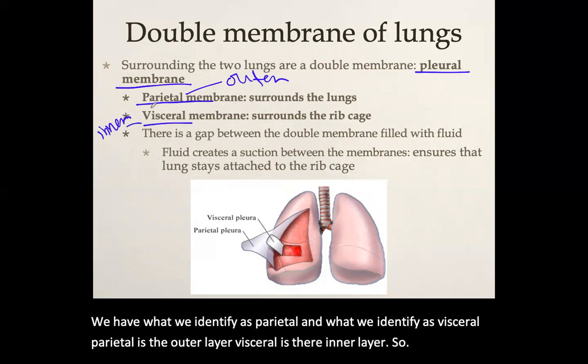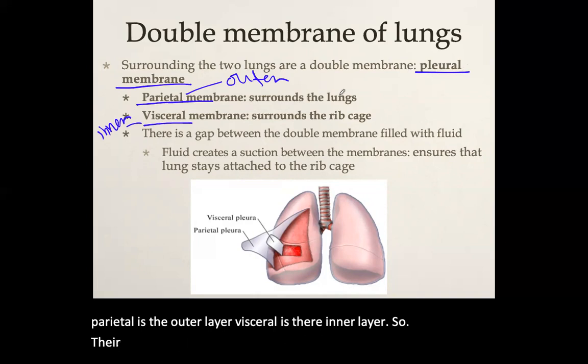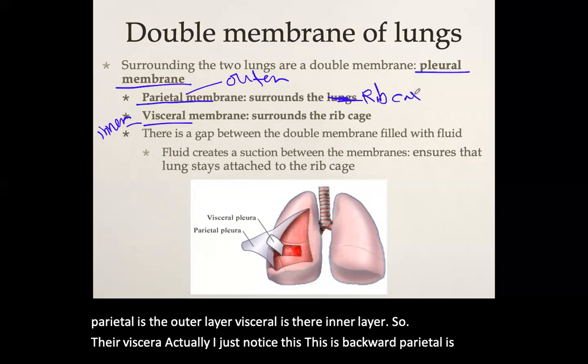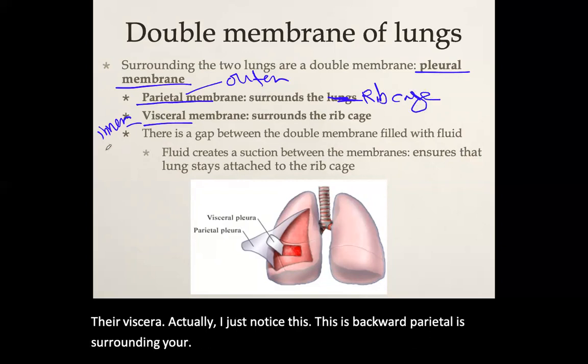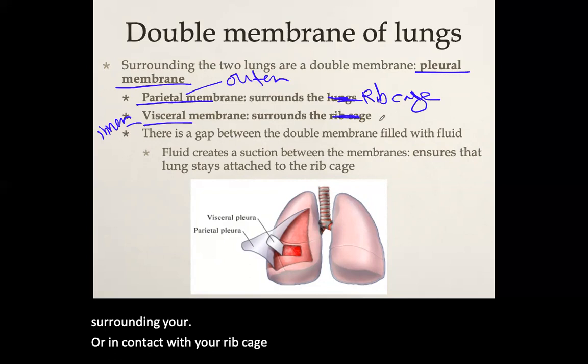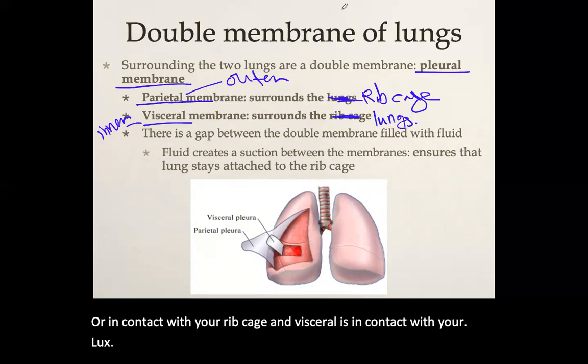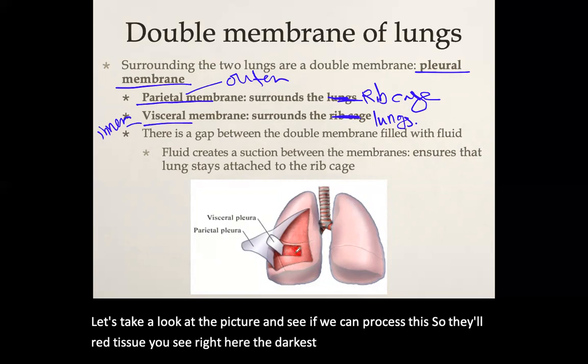Actually, I just noticed this is backward. Parietal is in contact with your rib cage, and visceral is in contact with your lungs. Let's take a look at the picture and see if we can process this. The darkest red you see right here is your lung.